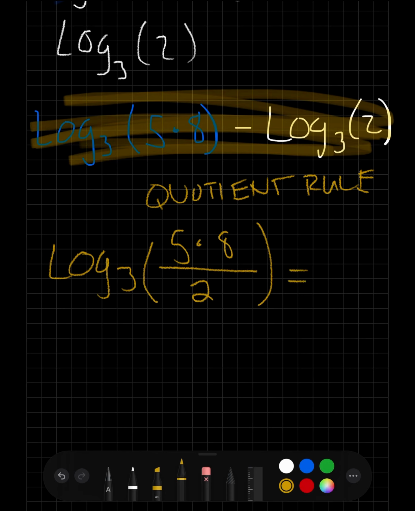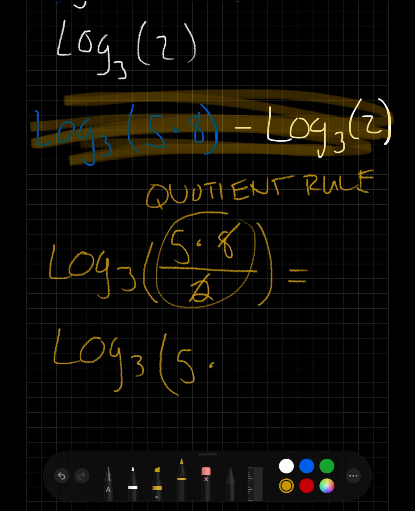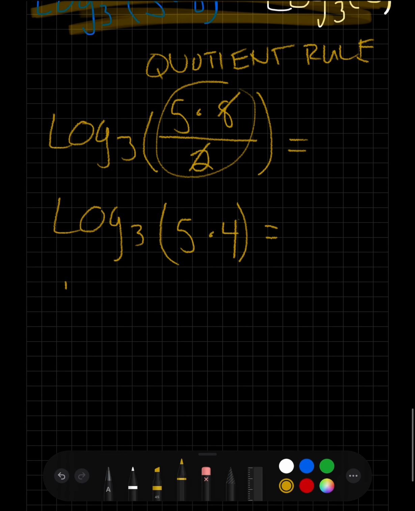And now I'm free to go ahead and simplify this argument as a fraction inside the argument. So I have log base 3, and 8 and 2 have a common factor of 2, excuse me, so 5 times 4. So this is actually saying log base 3 of 20.